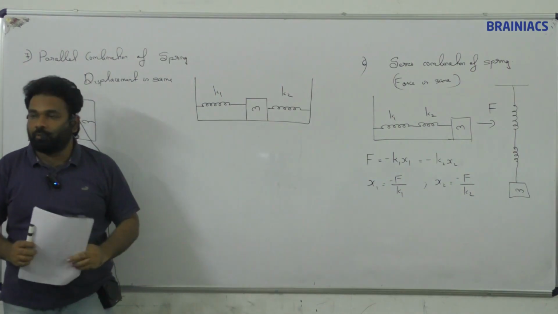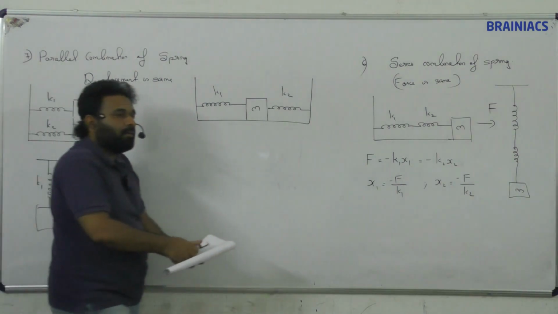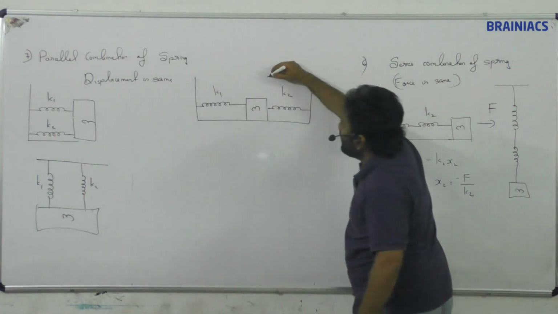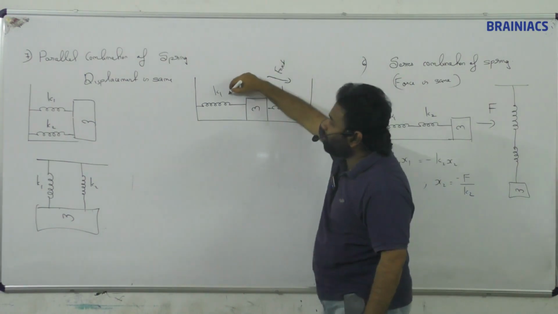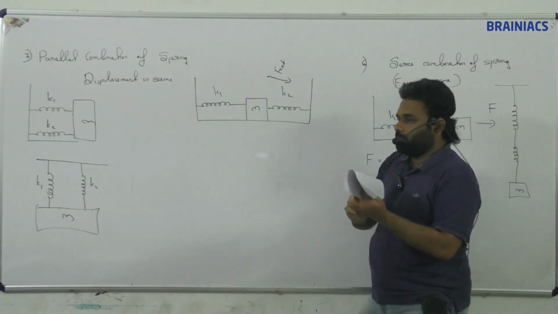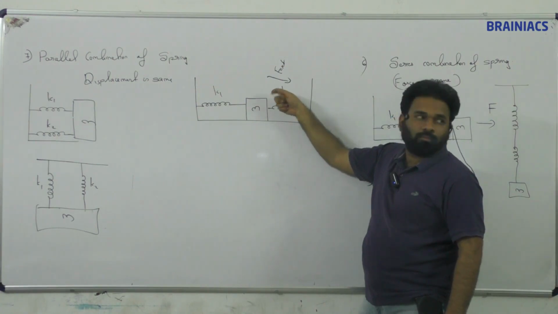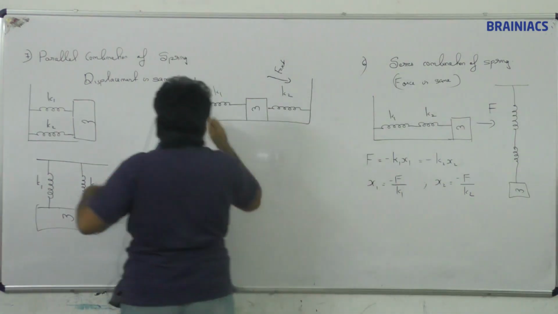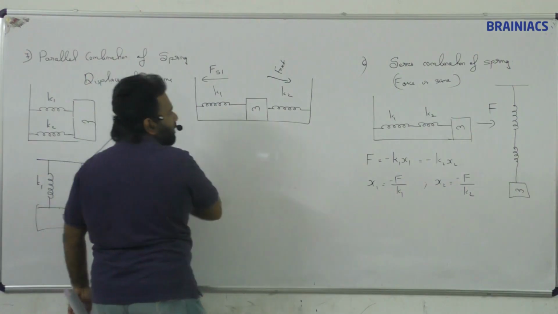What will the direction of the restoring force be? Here the restoring force direction will be upwards, here it will be this side. If I am pulling this one here with an external force F, the spring will apply a force in this direction, the restoring force of spring 1.